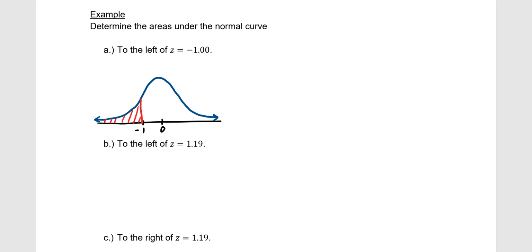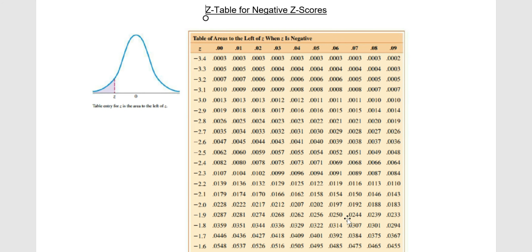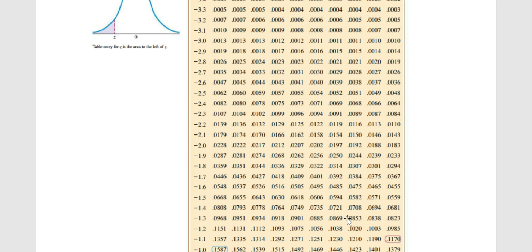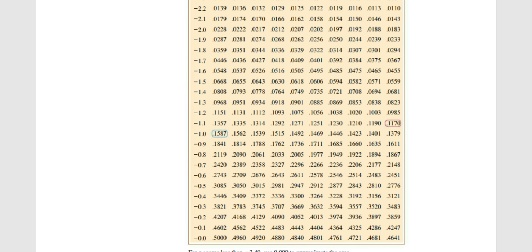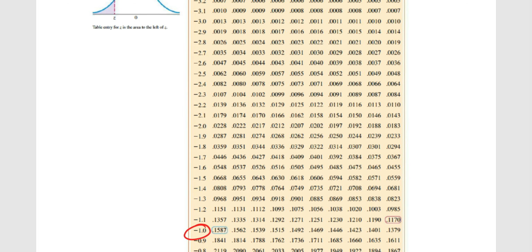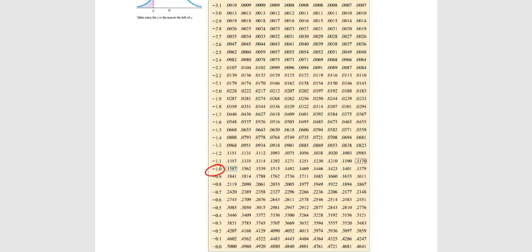Since we're looking for the area to the left, we have to find that value on the z-table. So we're looking for -1. We know it's going to be this table because it's negative. -1.0 is right down here, so that's this first column, and the value where they meet is 0.1587.